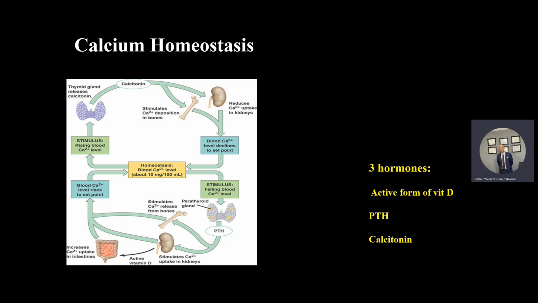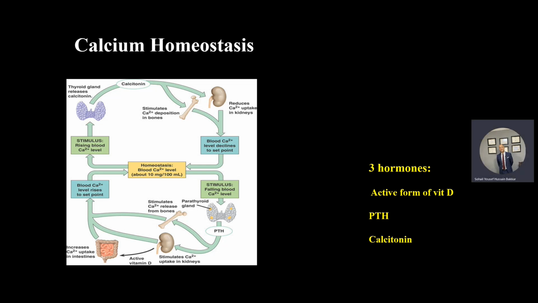Notice here, this figure demonstrates how three hormones contribute to calcium homeostasis. The first is the active form of vitamin D3, which is 1,25-dihydroxycholecalciferol, the parathyroid hormone, and calcitonin.